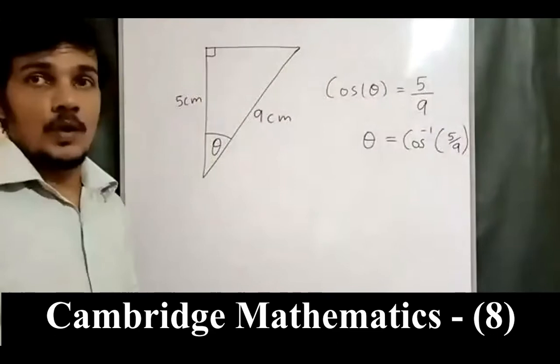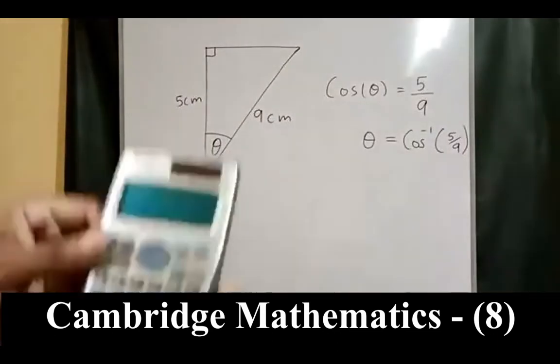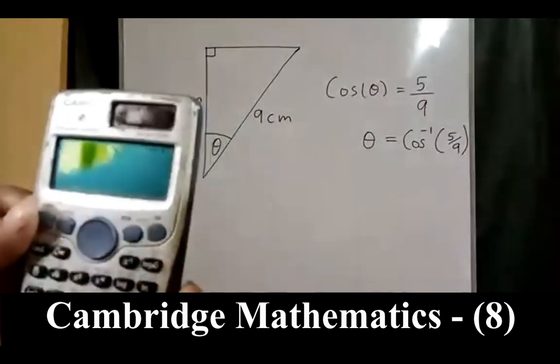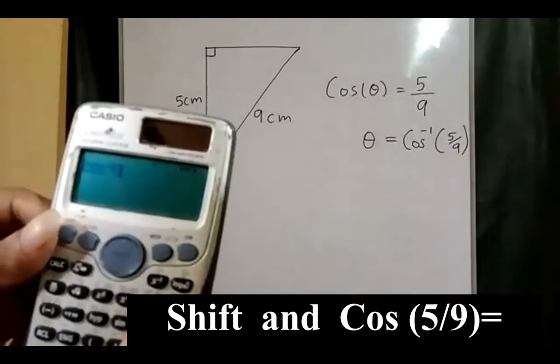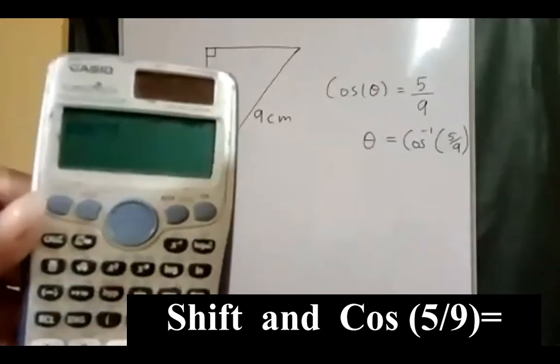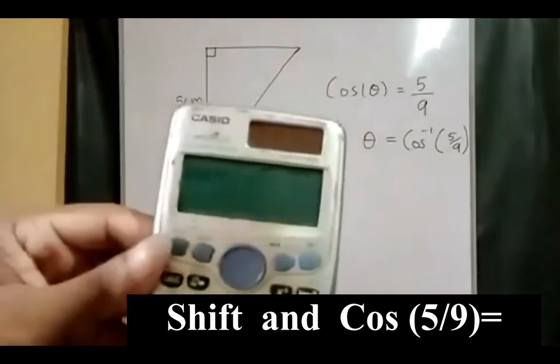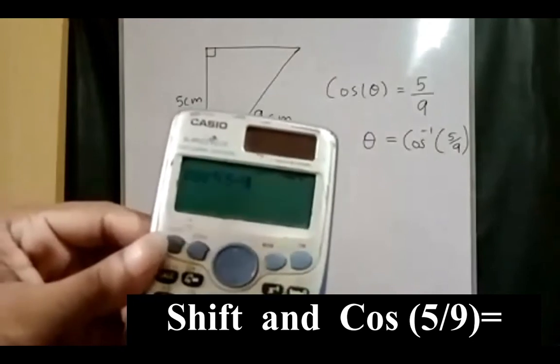I will show you how it is substituted using the calculator. Is it visible for you? I press the shift button and then cosine. Shift cosine button, then 5 divided by 9.